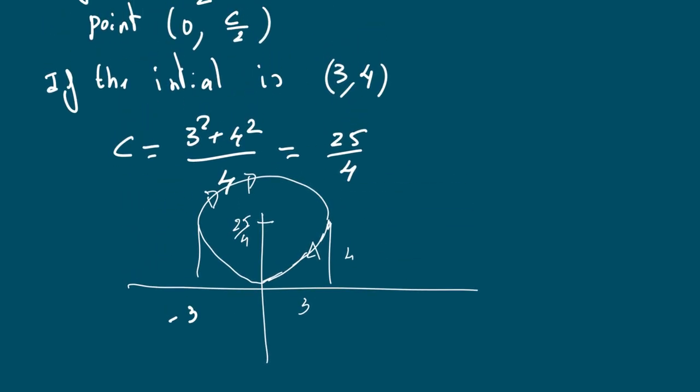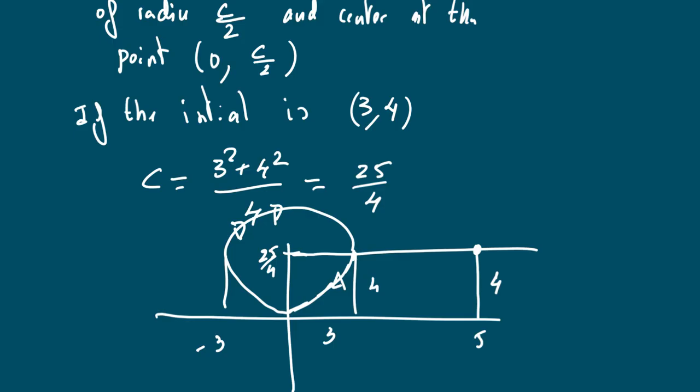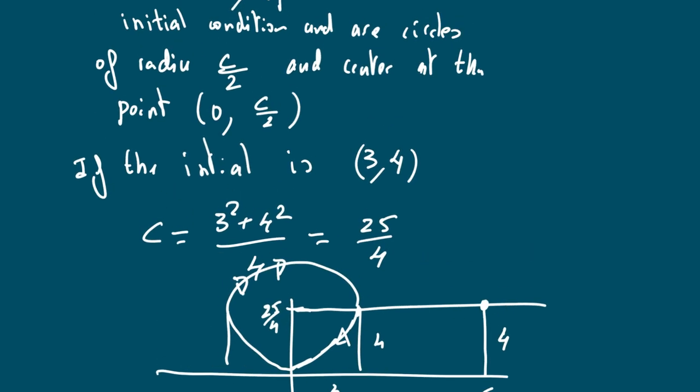If you go further, to an initial point here, let's say 5, 4, now the center will change. The position of the center will go a little bit up, because c is now 5 squared plus 4 squared instead of 3 squared plus 4 squared, so c will be higher.